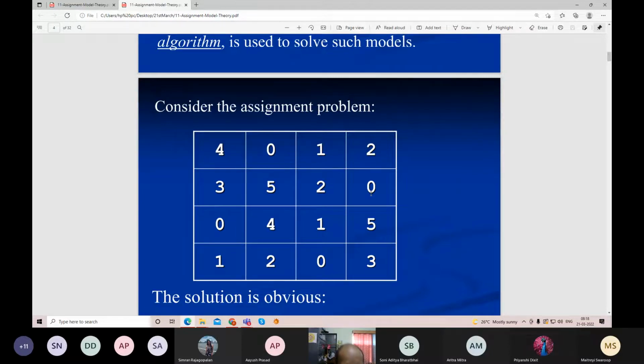Okay. So we are assigning the first worker to the second job. Similarly, we are assigning the second worker to the fourth job. Then we are assigning the third worker to the first job. Then finally, the fourth worker to the third job. Now, if this is the optimal assignment, then what is the cost?